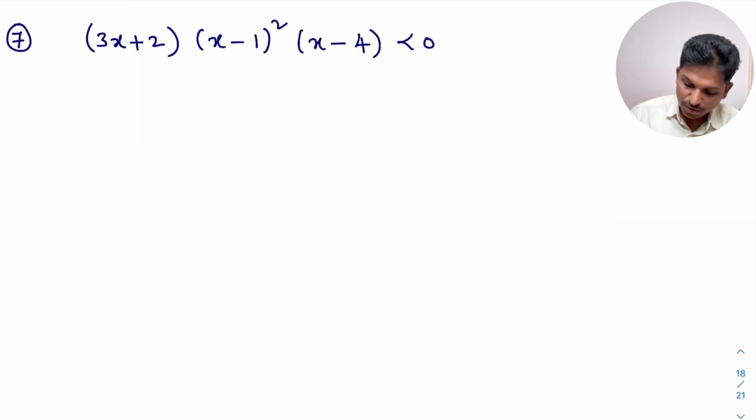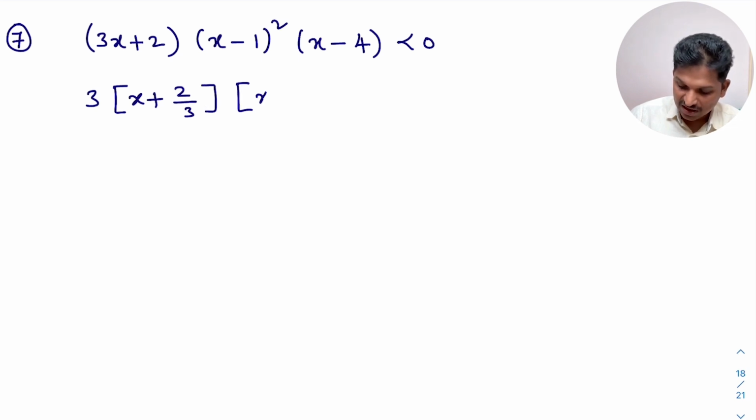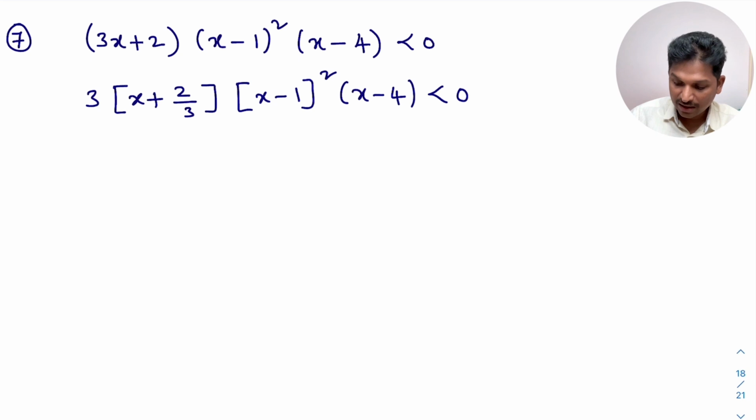Okay, right. You take 3 common here to make x coefficient 1. You take 3 common. Okay, if you take 3 common, what you will get? (x plus 2 by 3) into (x minus 1) whole square into (x minus 4) less than 0. Now, here 3 is there, na? As 3 is positive, it is not a big problem.